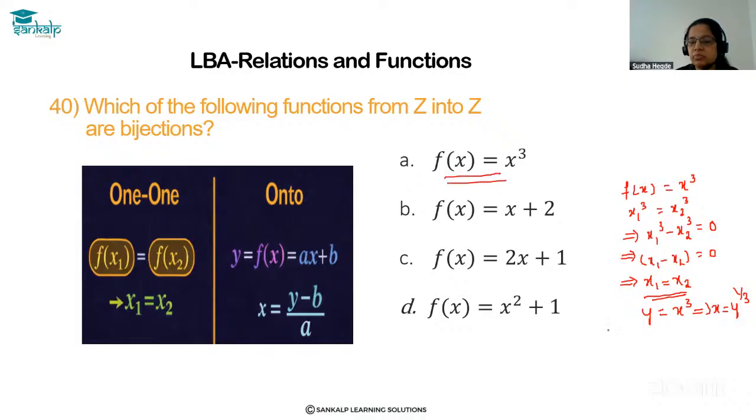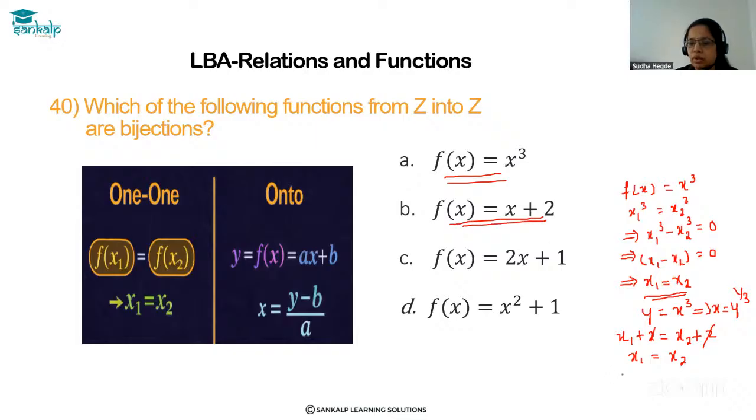Now take f of x is equal to x plus 2. Check whether it is one-one or not. x1 plus 2 is equal to x2 plus 2. Cancel 2 on both sides. x1 is equal to x2. So this means this function is one-one.